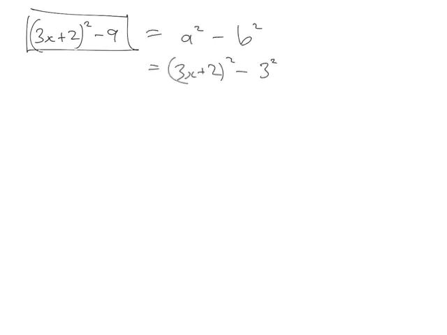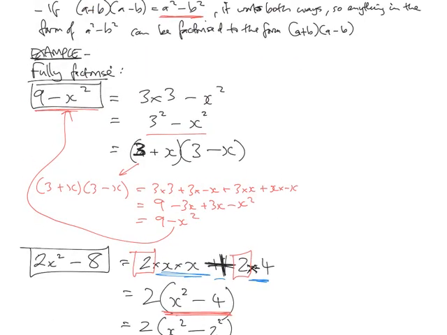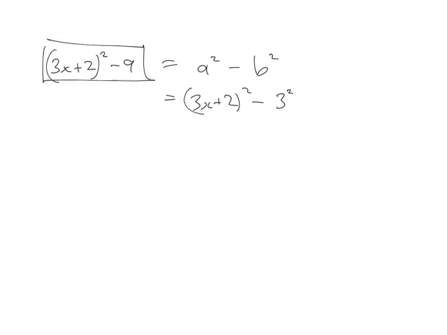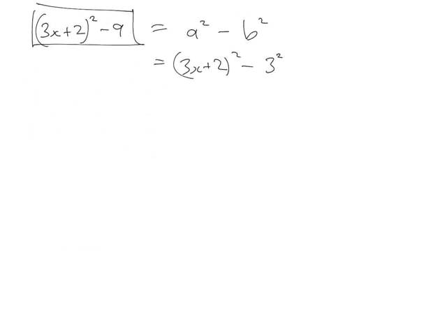So, just like before, we have this situation again, a squared take b squared. It just looks a bit more complicated, but we have seen that a squared take b squared can be factorized to a plus b, a take b. You just need to be a bit more careful as to what a and what b are here.